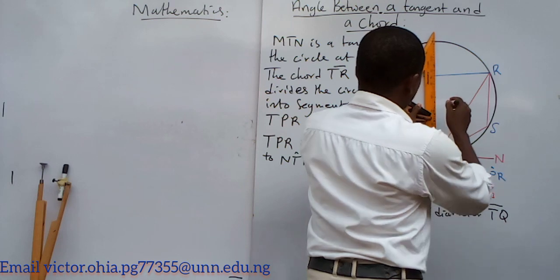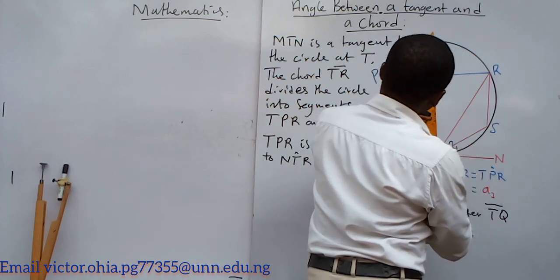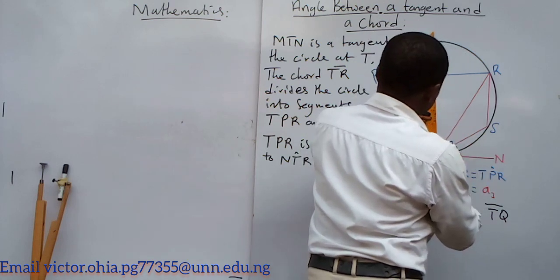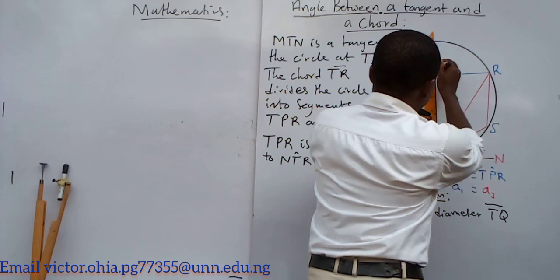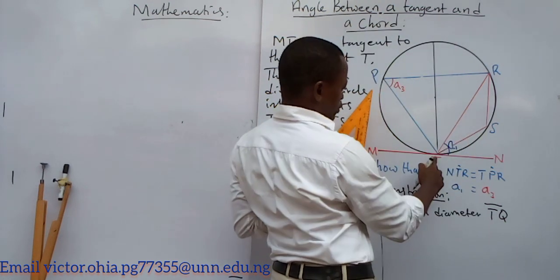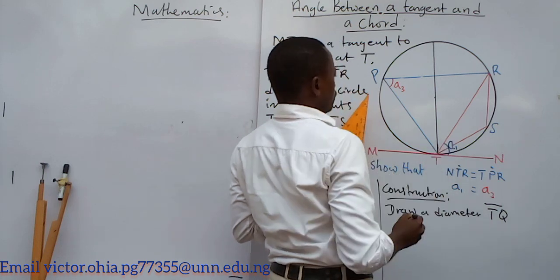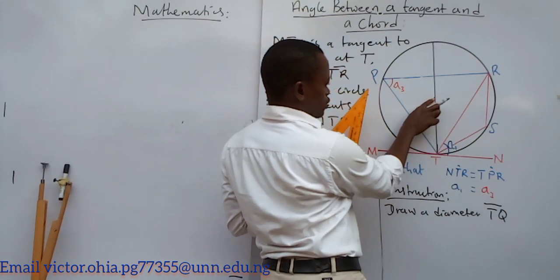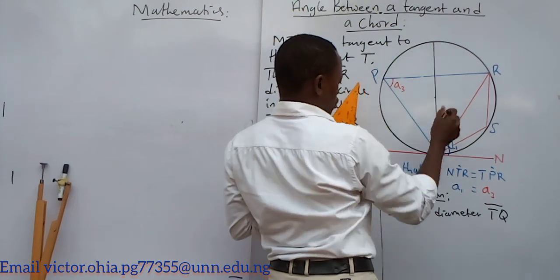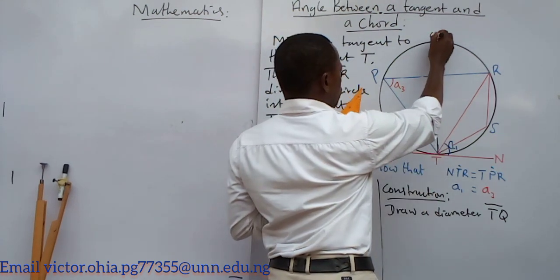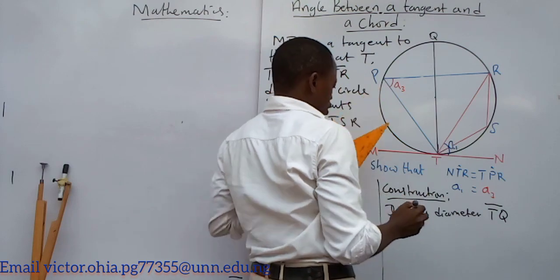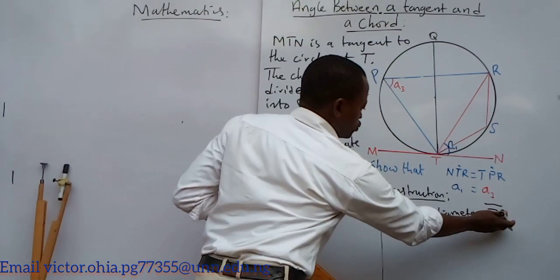Did you see that from here? It passed through the center of the circle, and then I will call that place Q. Then draw the diameter TQ.